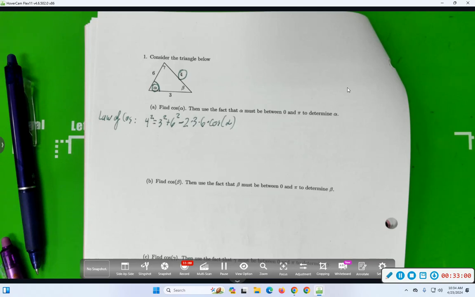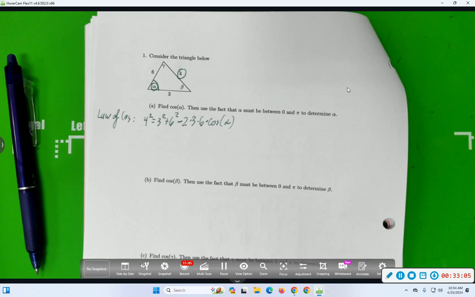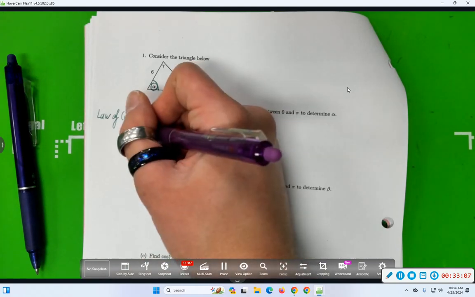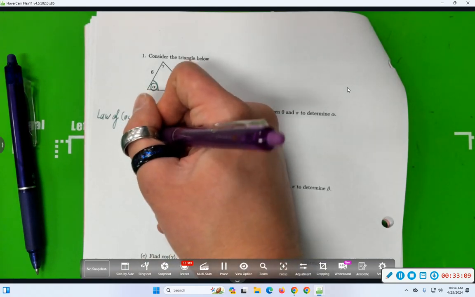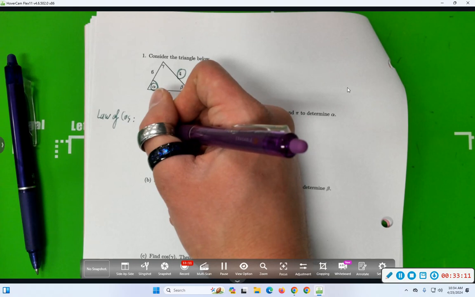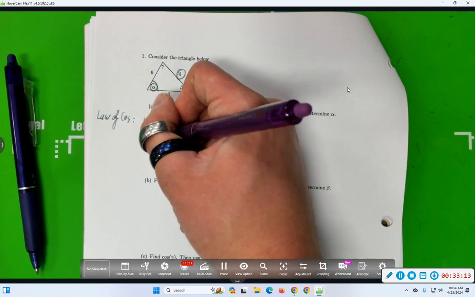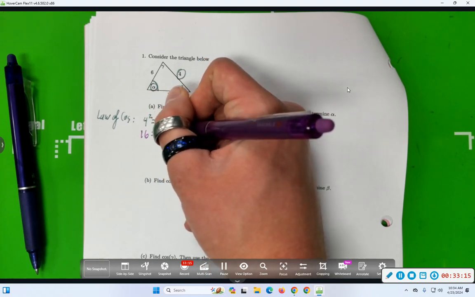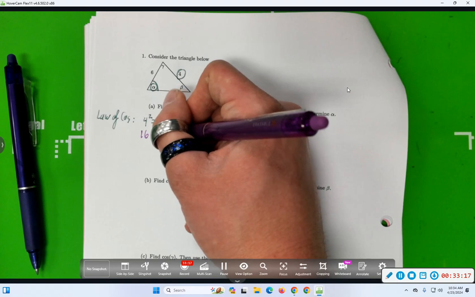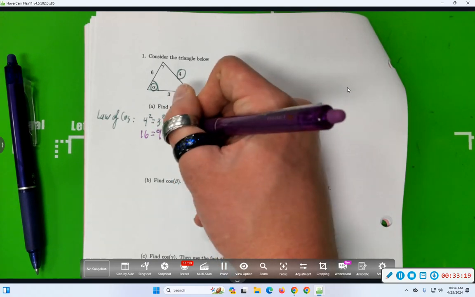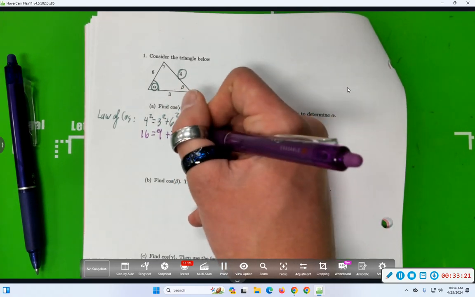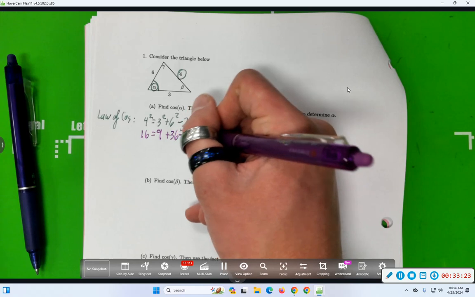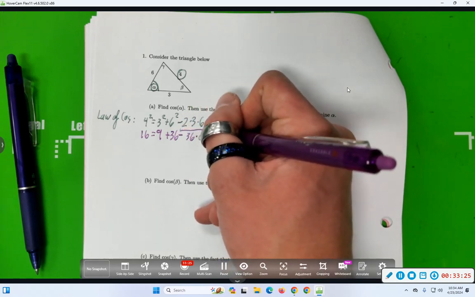Okay. Then let's do it. I'll start by simplifying the things that simplify. What's 4 squared? 16 equals 3 squared, which is 9, plus 2 times 3 times 6 works out to be 36, times cosine alpha.